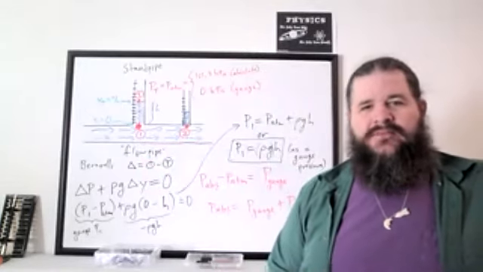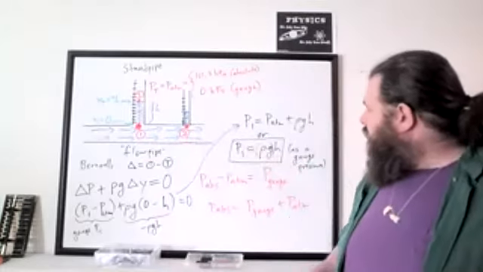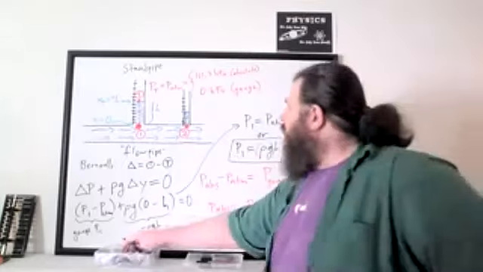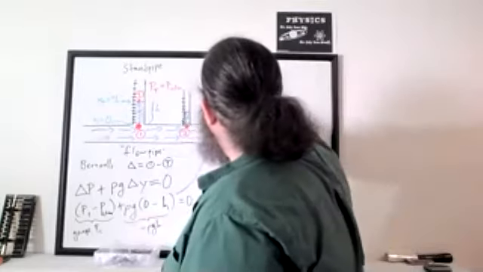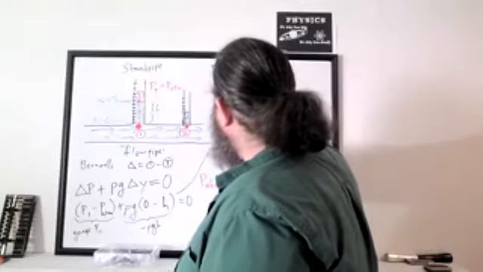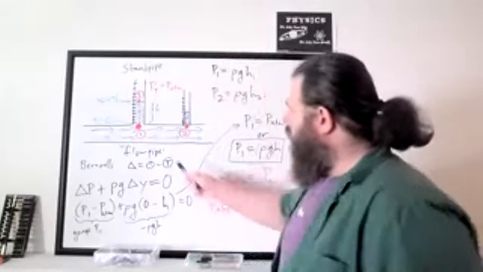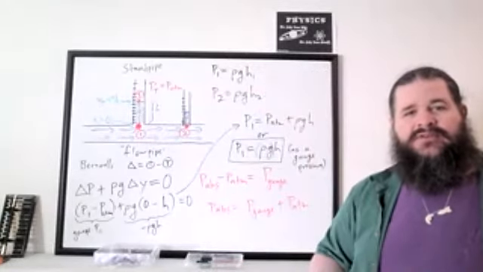Yeah, it's going to be at less pressure because it has less height of water stacked on top. And if we take a look at this idea that the pressure is rho gh, we could say that P1 is rho gh1 and pressure at point 2 is rho gh2. These 2 points have different pressures, and we can tell because they're under different depths of water.